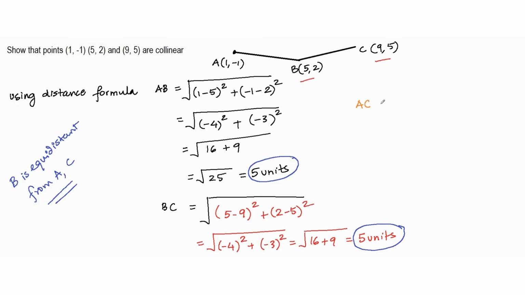So again, using the distance formula, if I want to find the distance between A and C, now I should be focusing on the coordinates of A and C, right?